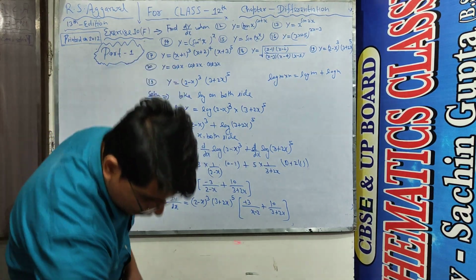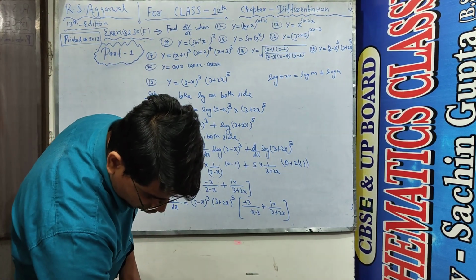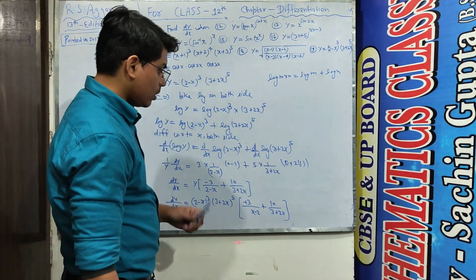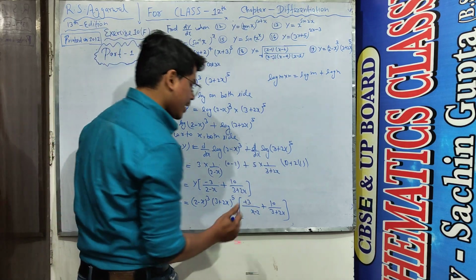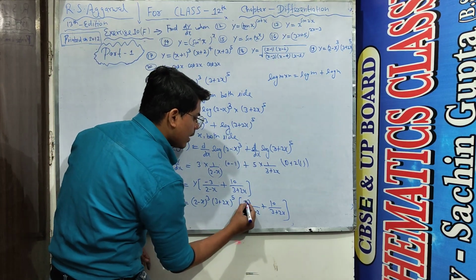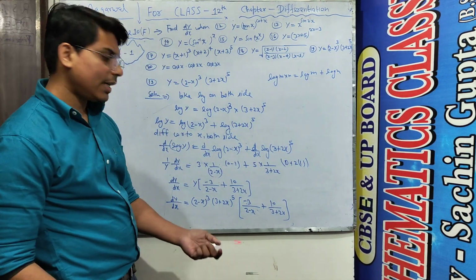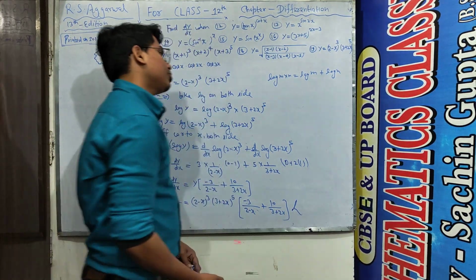This is your answer of this question. Or if you do not multiply in the numerator and denominator, then it remains as minus 3 upon 2 minus x. This is the answer in your book student.